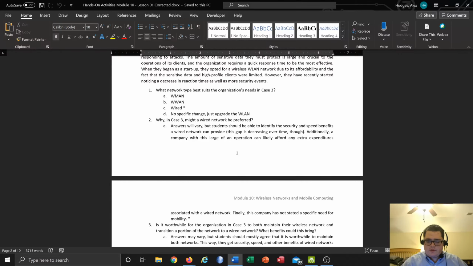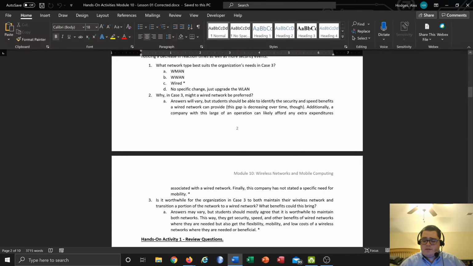Question 3 says, is it worthwhile for the organization to maintain both their wireless and wired network portions? What benefits could this bring? Again, answers can vary. This one is very open-ended. Some people may think it's less beneficial. Some people may think it's more beneficial. I personally think it's beneficial to keep both because you can experience the benefits of both where they're needed.